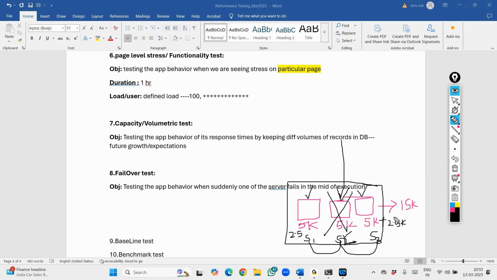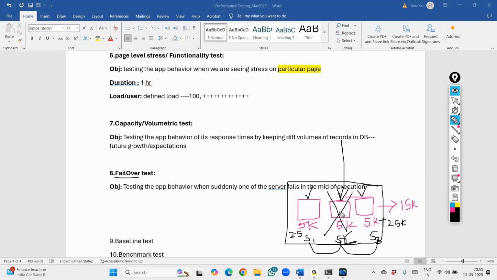Don't get confused about how exactly we will know when it is going to fail. The main purpose of the failover test is that we intentionally fail one of the servers during the execution. We are going to close one of the servers in the middle of execution.